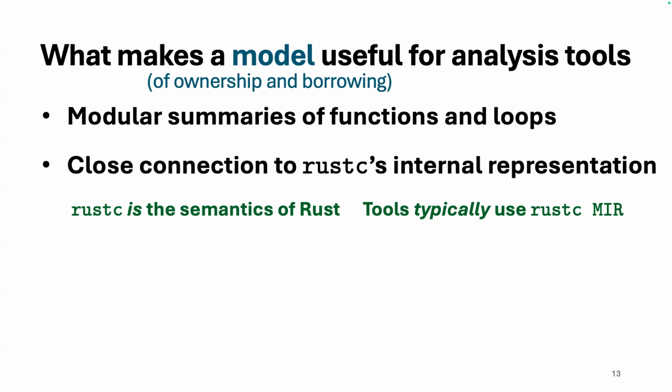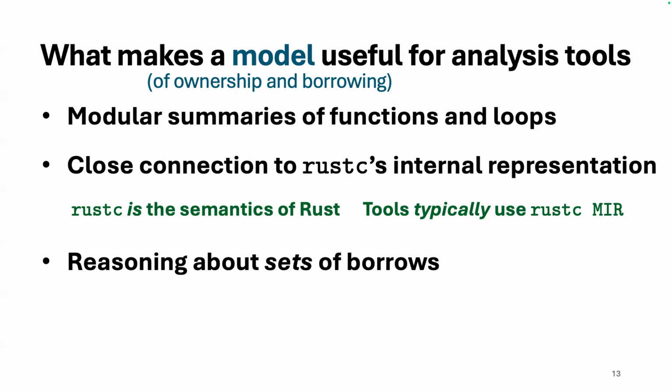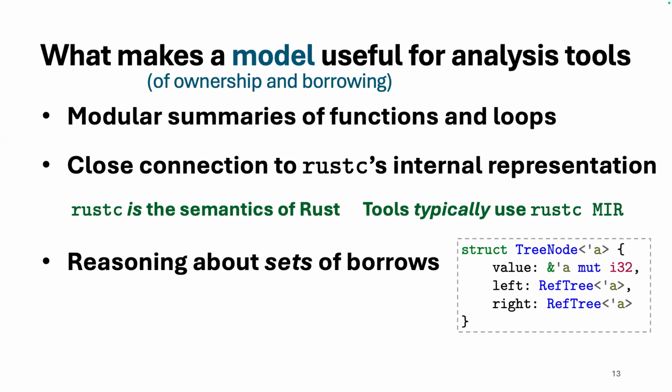And then finally, on a separate note, we would like models to be able to reason not just about individual borrows, but also sets of borrows. So in Rust, you can define data structures like this one that can store multiple borrows. And these borrows inside these data structures are still tracked by the type system.